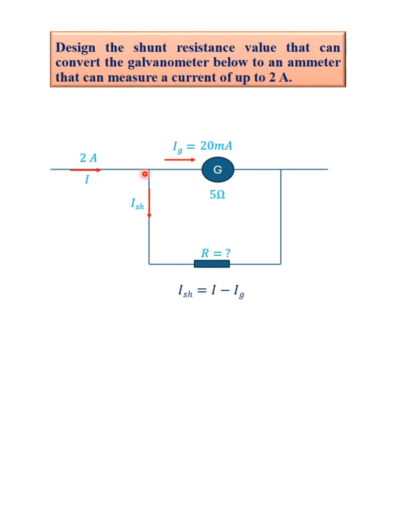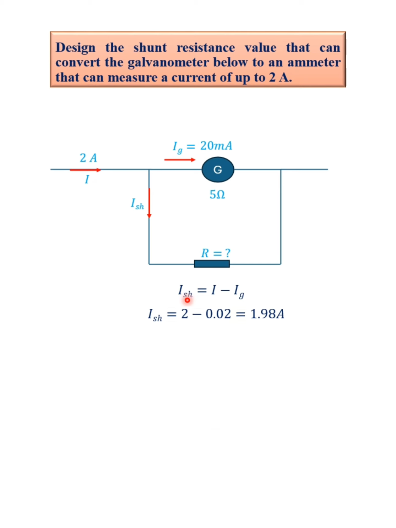For this current to get to this point and split between this and this, it means the sum of IG plus I shunt should give us 2 ampere. So to find I shunt, we need to subtract IG from I. This is the equation that does that, and it is known as Kirchhoff's current law, that says that the algebraic sum of the currents flowing into a node is equal to 0. But that is a story for another day.